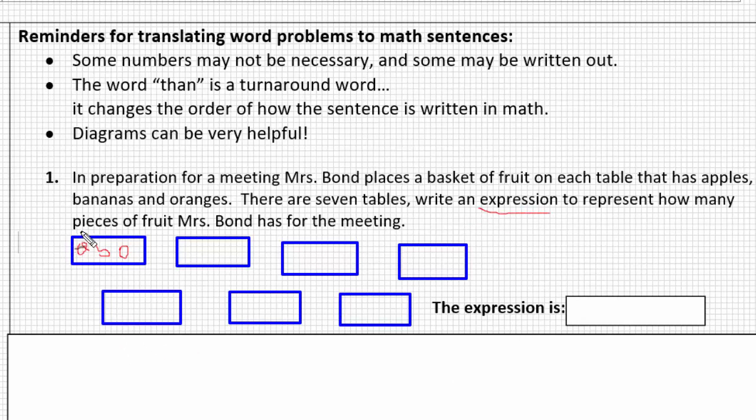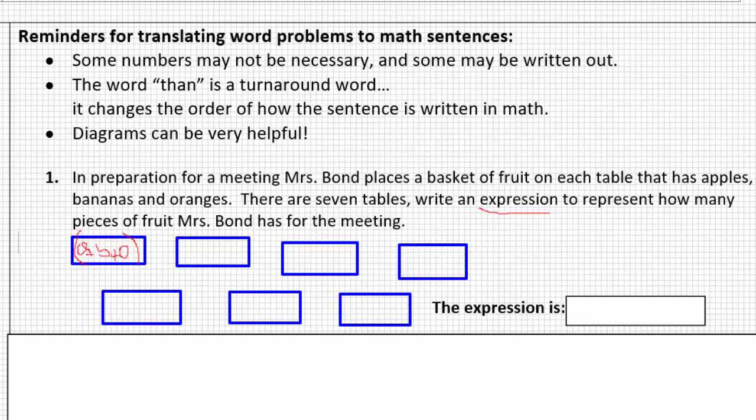And so we could say, and just put parentheses around this, and know that if I wanted to know the total number of fruit for one table, I would just add up the number of apples, A, plus B for the bananas, plus O for the oranges, right? And just add it up, that'd be the total for one table. But I want to know it for 7 tables, so I'd multiply this by 7.